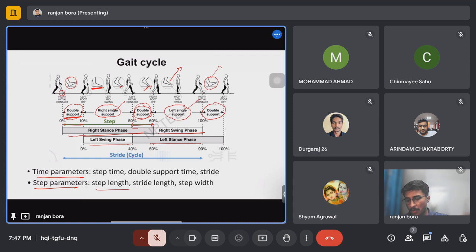Like while you are walking, this is your right foot, and this is your left foot. Again the right foot will come, and again the left foot will come. So what is the step length? Step length is this length. If we consider this heel strike point, then this will be the step length.